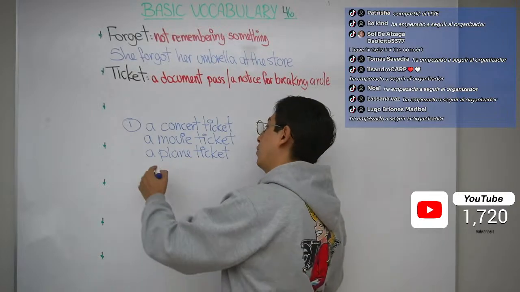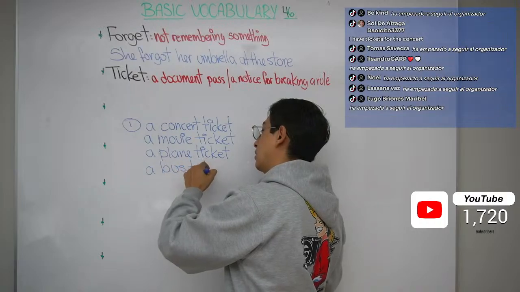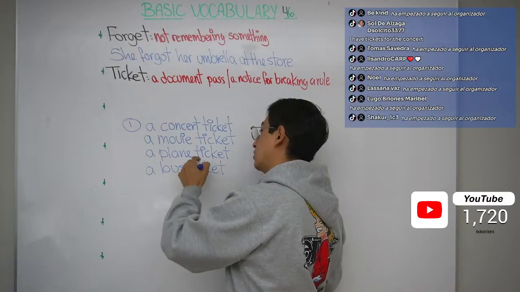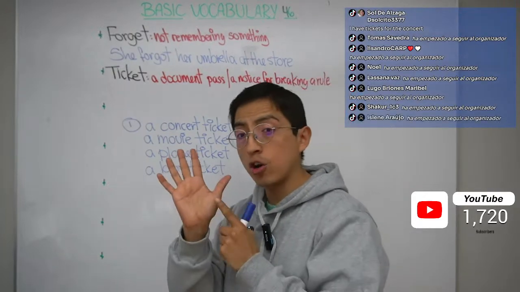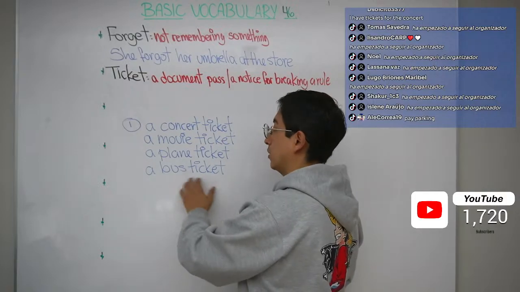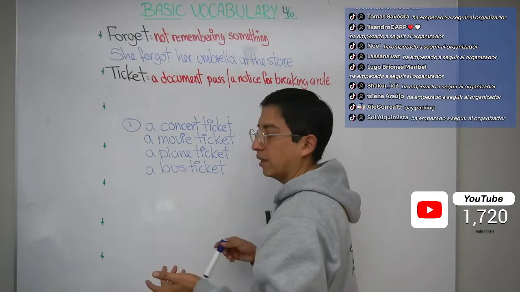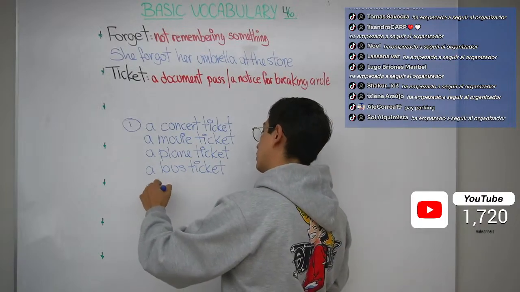We can have a bus ticket. If you want to travel to a different country, you need to buy a ticket. You need to show your ticket. Talking about a bus, we can have a train ticket also. Yes, we can talk about a train ticket.